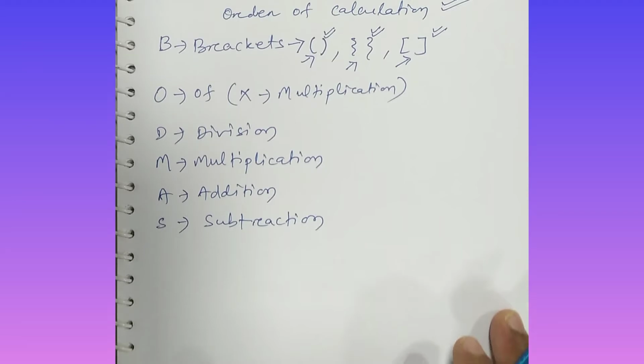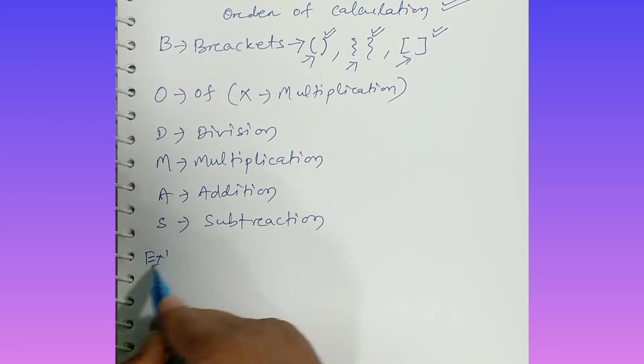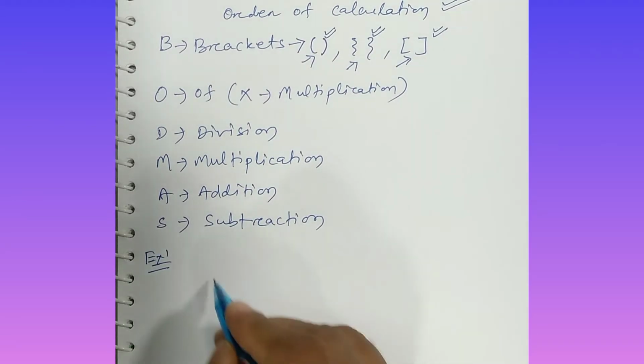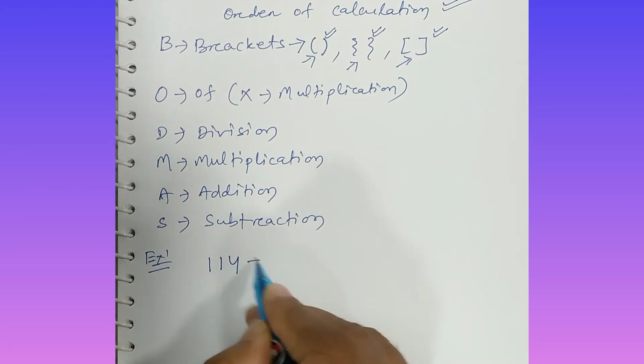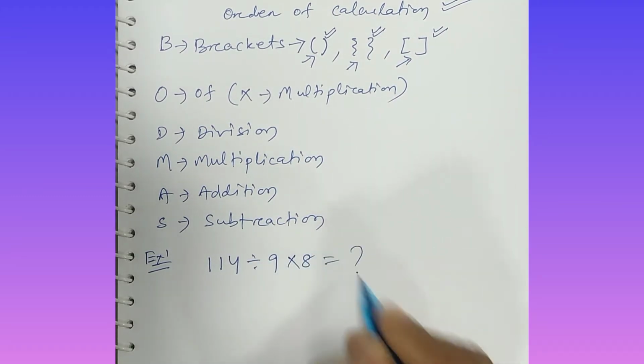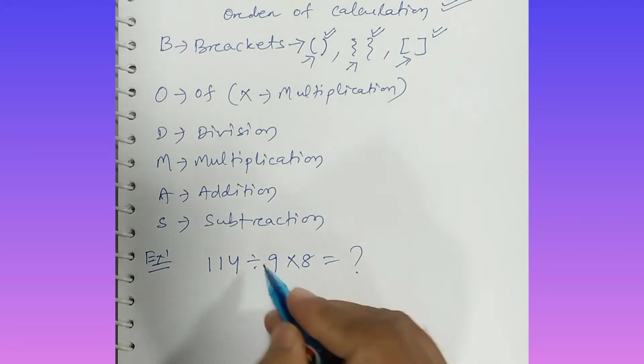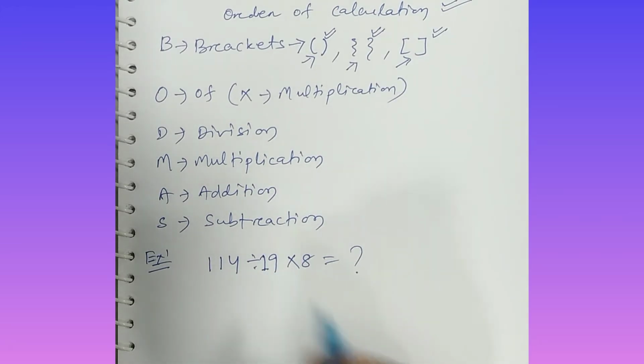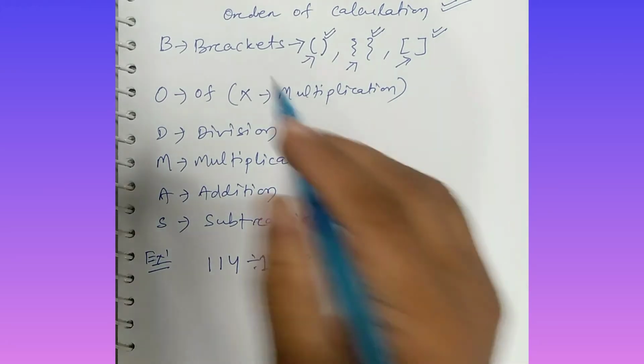Let me give a very simple example. Let's suppose I'm writing 114 divided by 19 into 8. How can you solve this? You have to apply the BODMAS rule.